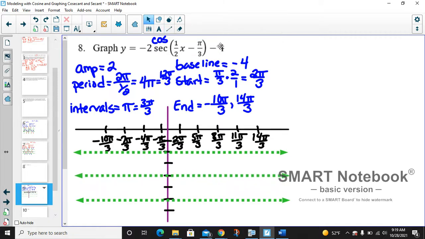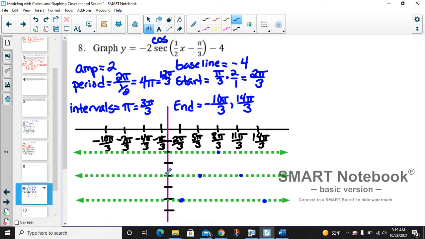This is cosine. So I start at the maximum or minimum, and my a is negative, so I'm starting at the minimum, and my start is 2 pi over 3. So I'm here at 2 pi over 3 and at the minimum. Then I just follow my pattern up to the baseline, up to the maximum, back to the baseline, back to the minimum here.